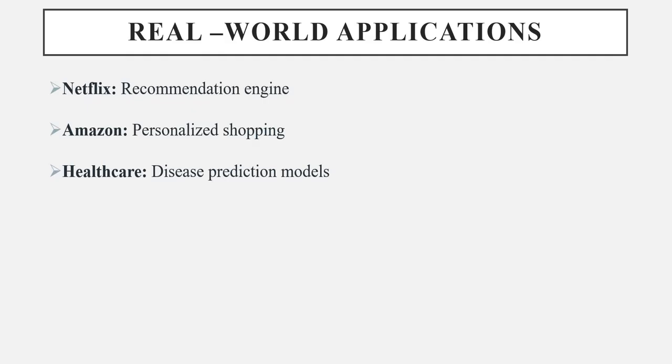The next is healthcare, with a disease prediction model. In healthcare, SageMaker is used to analyze large volumes of patient data, like medical images and electronic health records, to build machine learning models that can predict diseases and risks, create personalized treatment plans, detect anomalies in medical imaging, and optimize operational efficiency.